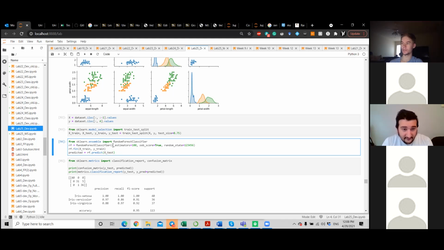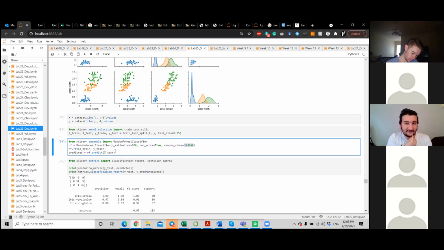What are they doing? N estimators is basically the number of trees that you want to grow. You can go way higher, you can go way lower. And random state 1, 2, 3, 4, 5, 6 is basically making my results reproducible, because there is a random element to random forest, of course. If you set your random state to a specific number, every time that you run it, you will get the same results.